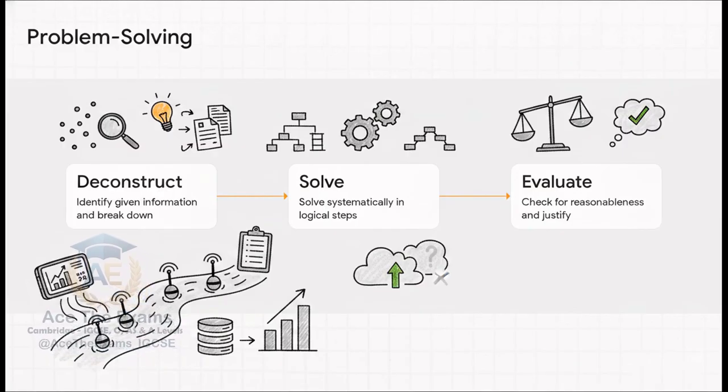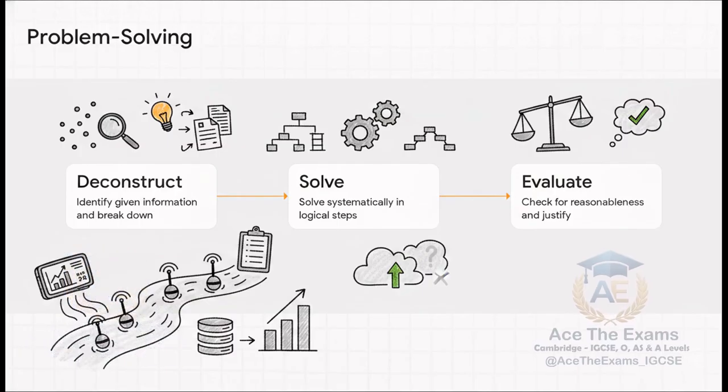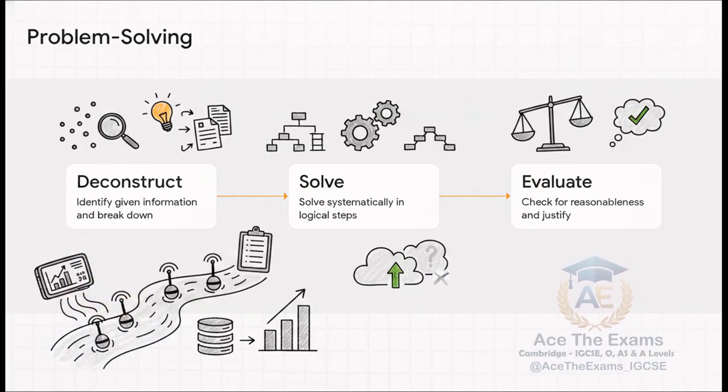Let's run Challenge 3, Speed Writing. You have 30 seconds on the visual clock right now to mentally write one perfect Peel paragraph answering this. Why is data logging superior to direct observation for monitoring a remote river's chemical pollution levels?